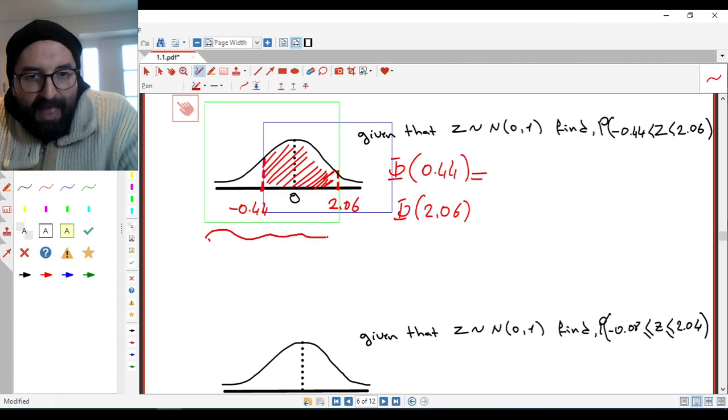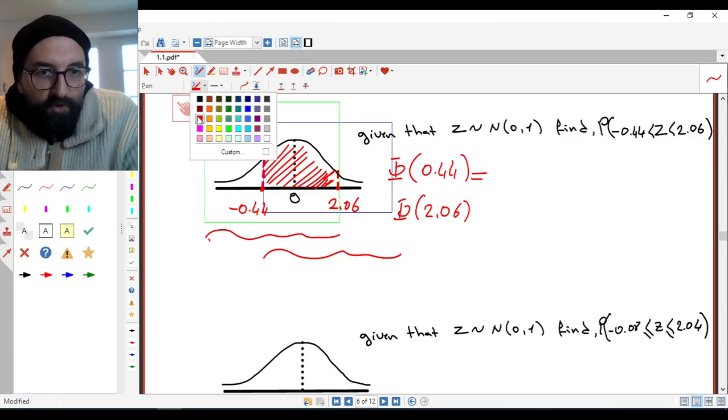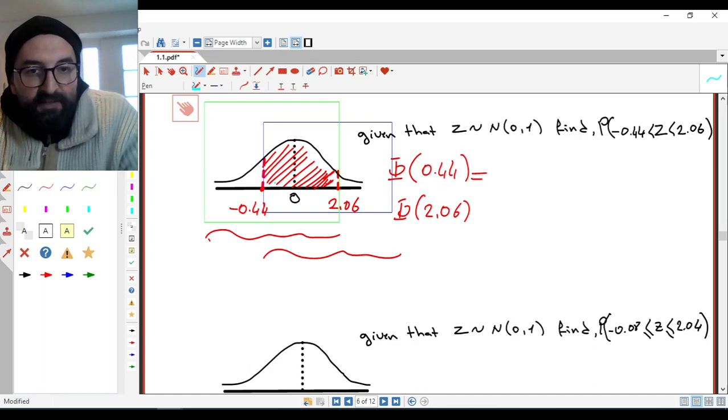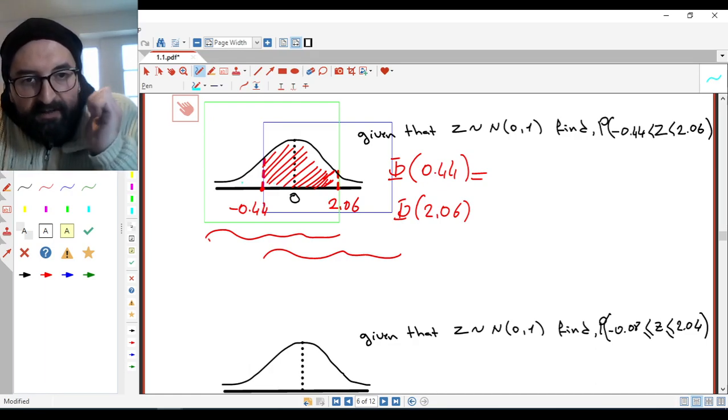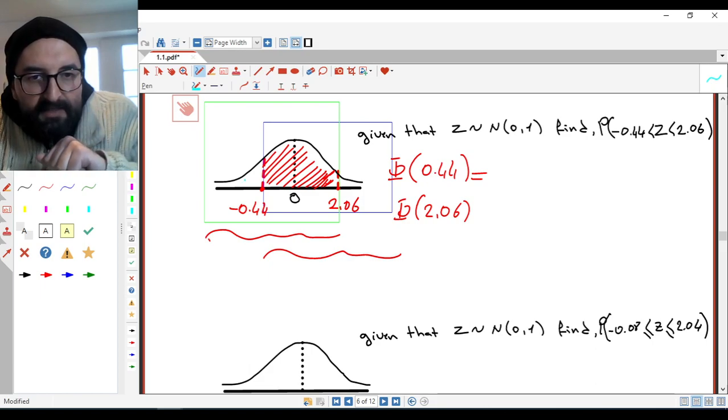If I add up this area and this area, for example, I hope you can understand easily. I want to say this area C, this red area A, and this area B.